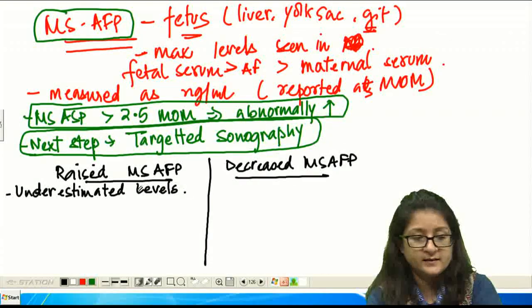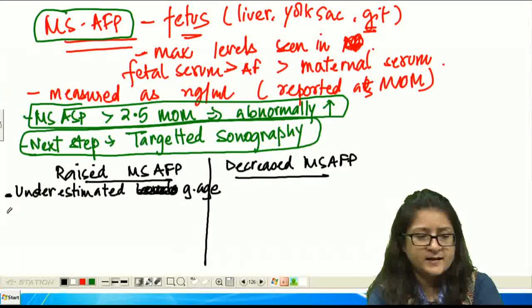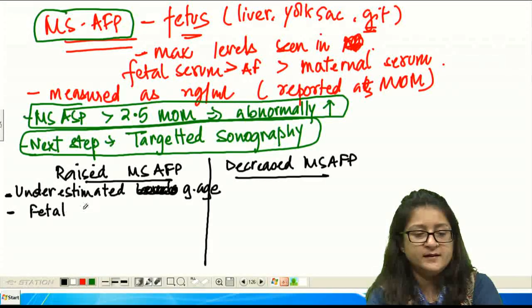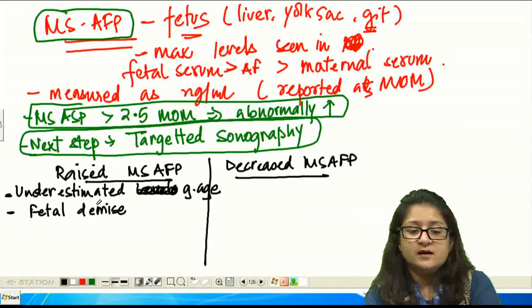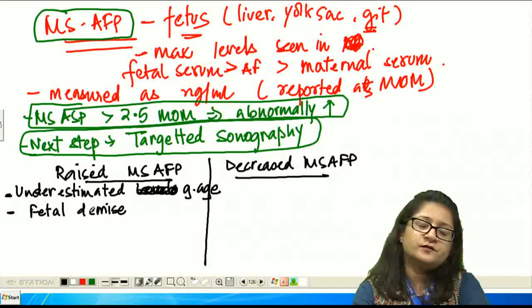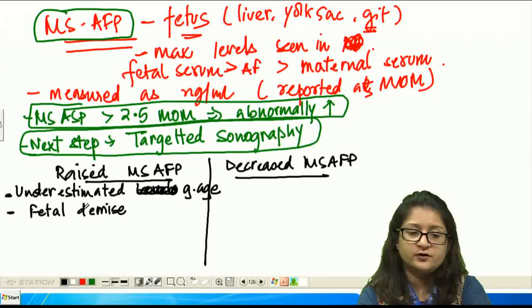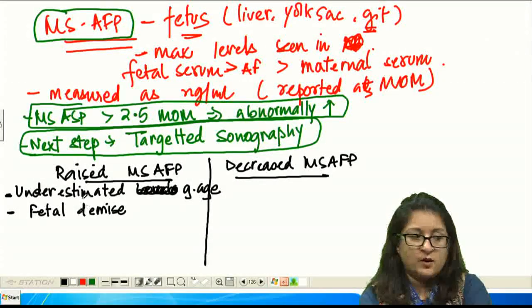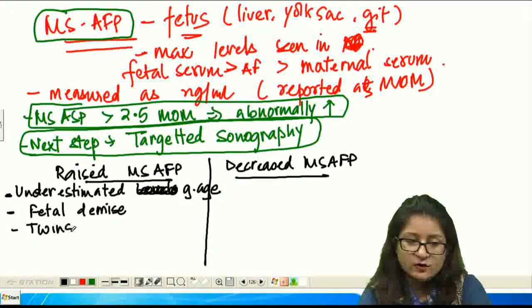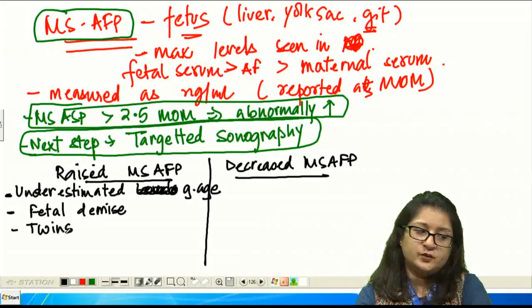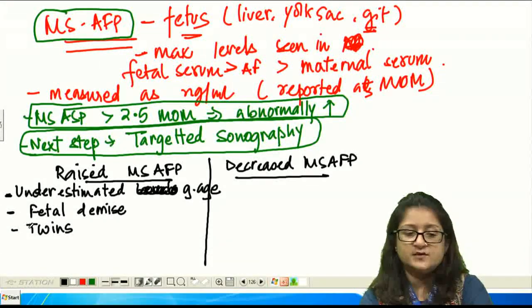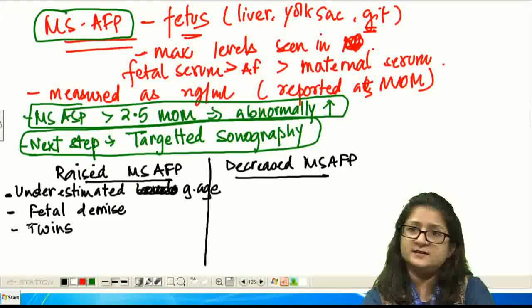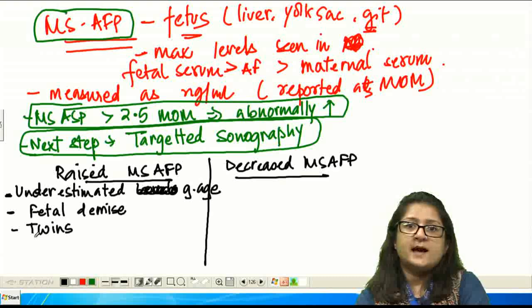Secondly, fetal demise: once there is fetal demise, there is sudden release of alpha fetoprotein into the maternal circulation, so initially the levels are raised. Then twins: more fetuses, more alpha fetoprotein. These are the three commoner causes: underestimated gestational age, fetal demise, and twin pregnancies.